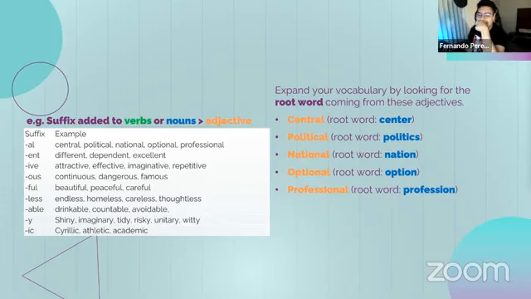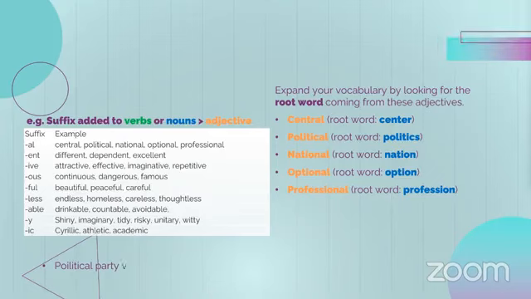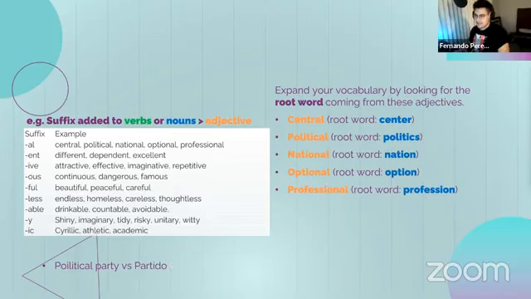That's totally weird. Political party. Exactly, it's party. Political party. I prefer Rafa's translation, political squad.